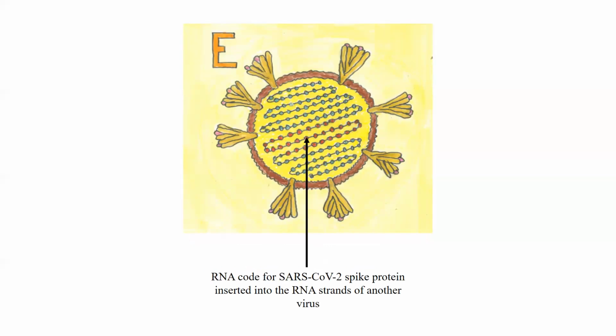Viral vector vaccines, such as the Oxford vaccine, have also been developed. It is possible to take a completely different virus that can briefly infect people without causing disease and replace the RNA code for its own spike protein with the RNA code for the SARS-CoV-2 spike protein.